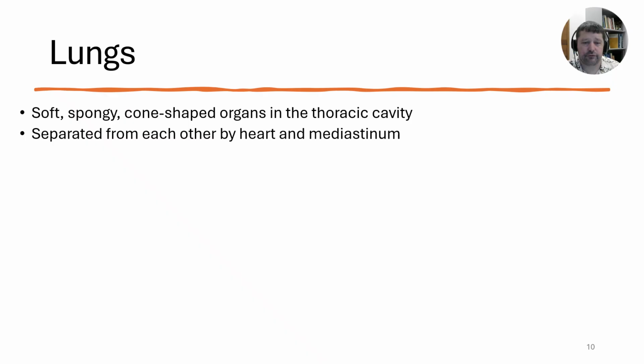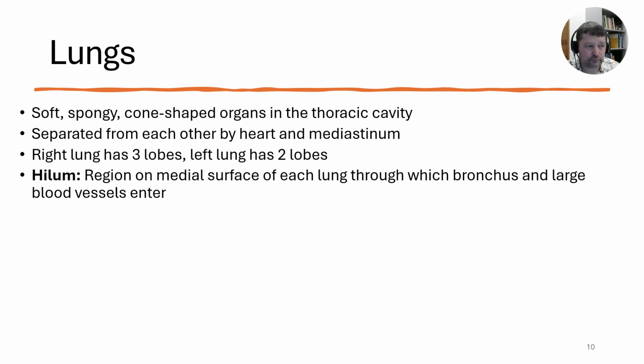The lungs themselves, you find that they're just soft tissue, kind of a spongy tissue that is associated with these alveoli sacs. Again, we talked about this before. The right lung has 3 lobes, the left lung has 2, although there are cases of individuals with a 3rd lobe in their left lung, but for the most part, the right lung is a little bit larger than the left lung.